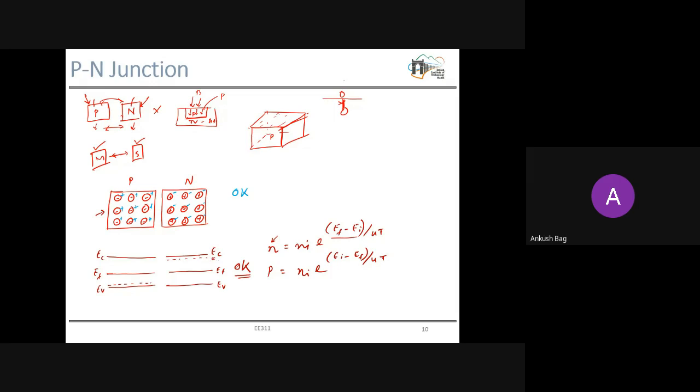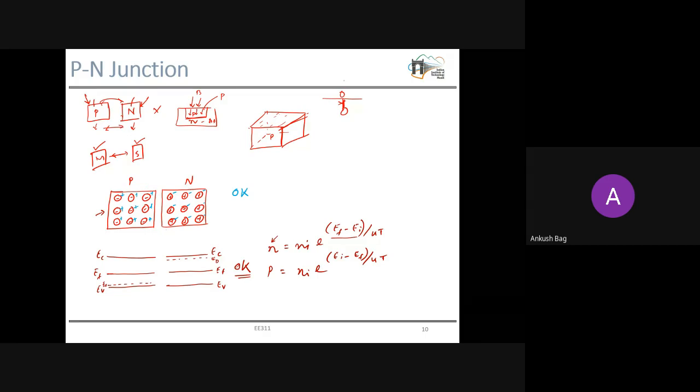All these electrons are at the valence band. There are no free carriers. But just to show, I am drawing this. This is the acceptor level, this is the donor level. So this is the picture at 0 Kelvin when our P and N are both separated.